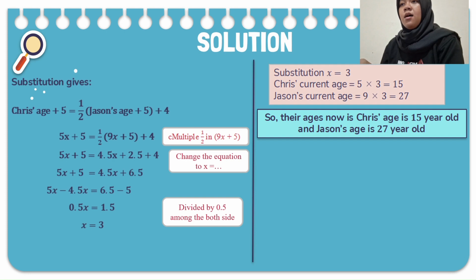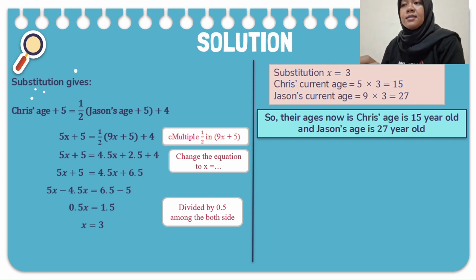We multiply a half by 9x plus 5 and we have 5x plus 5 equals 4.5x plus 2.5 plus 4. Rearranging the equation for x, we have 5x minus 4.5x is 6.5 minus 5, and we have 0.5x is 1.5 and x is 3. This is from dividing by 0.5 on both sides.